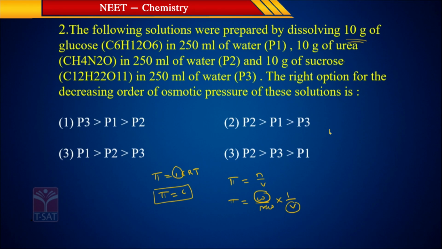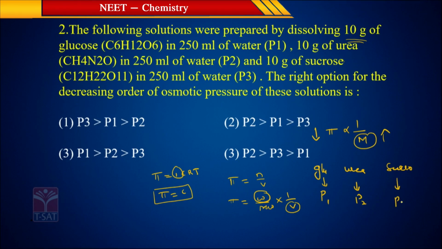So osmotic pressure depends on 1 by molecular weight: as molecular weight increases, osmotic pressure decreases. The pressure exerted by glucose is P1, urea is P2, sucrose is P3, and their molecular weights are 180, 60 and 342.